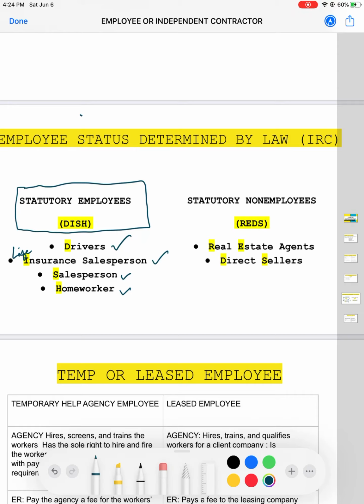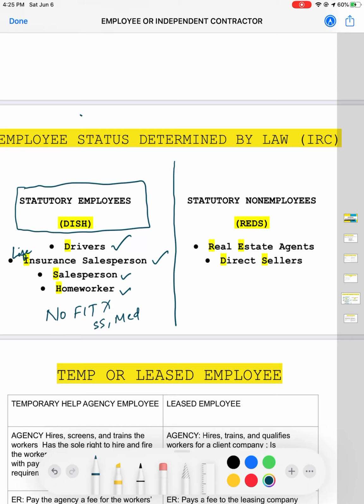The payments made by the employer to these statutory employees are not subject to federal income tax, but they are subject to Social Security and Medicare. So the employer will withhold Social Security and Medicare taxes from their earnings, but no federal income tax. Also, the employer will pay the future tax on these employees. Okay. So that is the statutory employees.